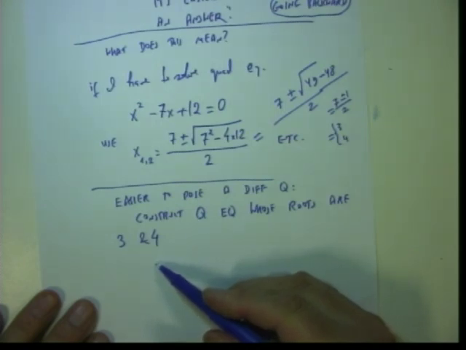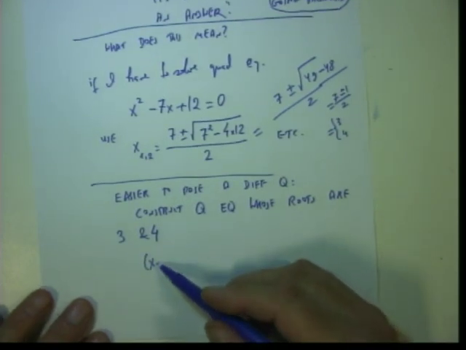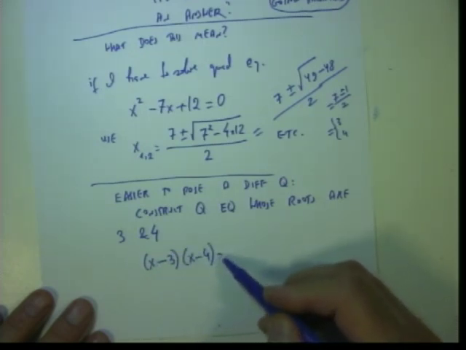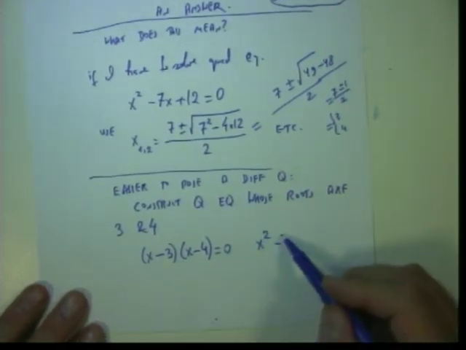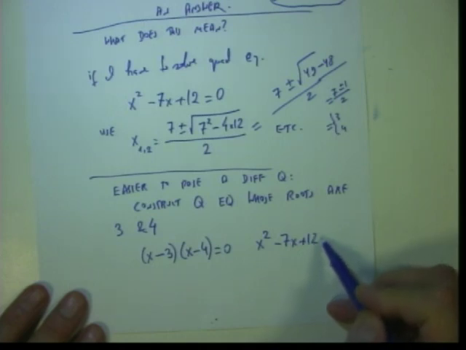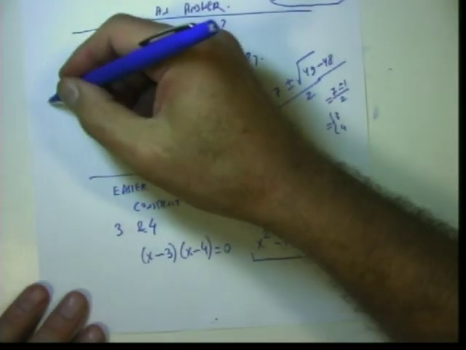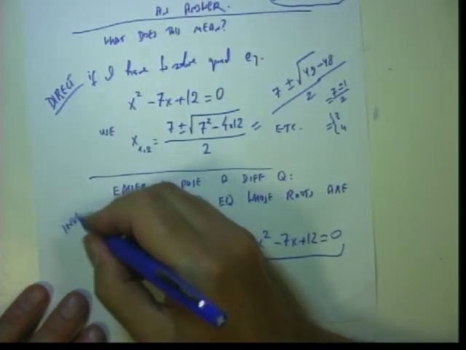We just write, because 3 must zero the equation, as well as 4 must zero the equation, then according to the theorem of algebra, this quadratic equation should look like this. So I start with solutions, and I construct x squared minus 7x plus 12 equals 0. This is a direct problem. This is an inverse-like problem.